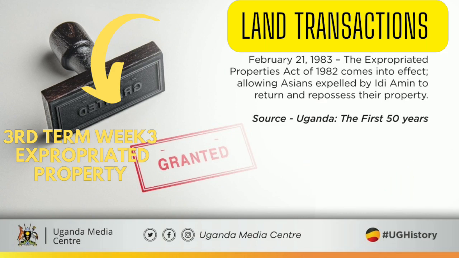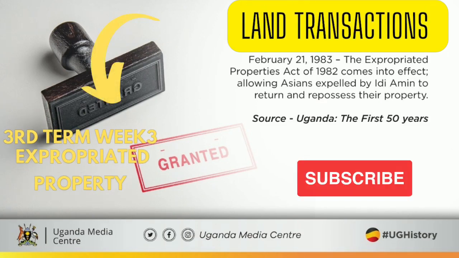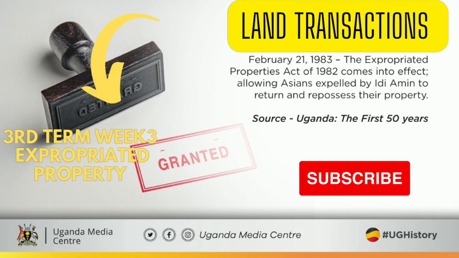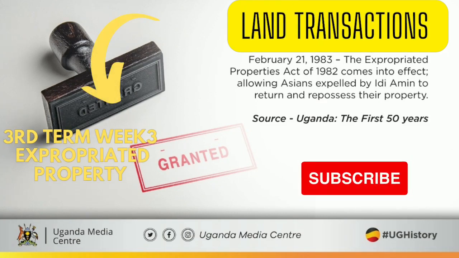But when you look at that act, the Assets of Departed Asians Act, it does not describe how to deal with that property specifically. So once the property has been vested in the government, that's where the process of expropriation ends.